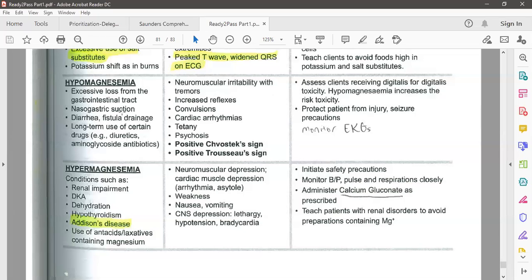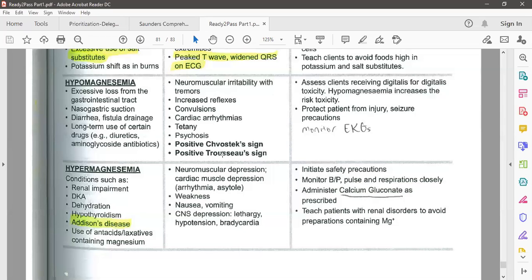Causes of hypomagnesemia. Could you remember what the causes of hypocalcemia are? They are also GI losses like diarrhea, or hypoparathyroidism, or vitamin D deficiency. Hypocalcemia or hypomagnesemia both cause the positive chopstick sign or positive trousseau sign.